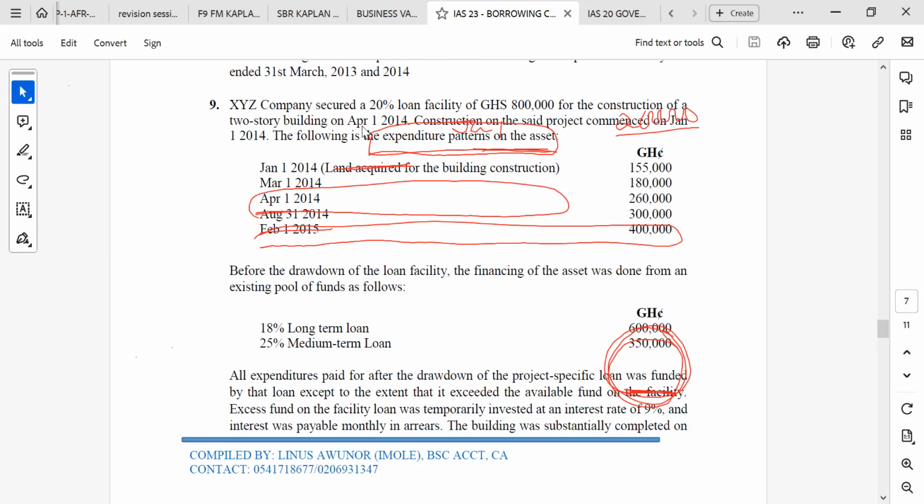So from 1st April, we are going to be paying from this one. So we have paid 260 from the 800. What will be the remaining amount?